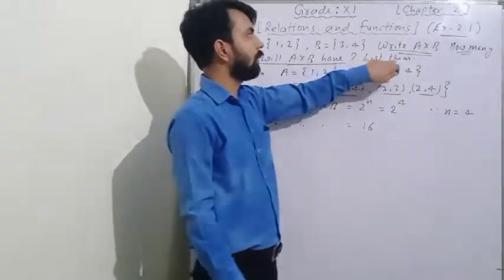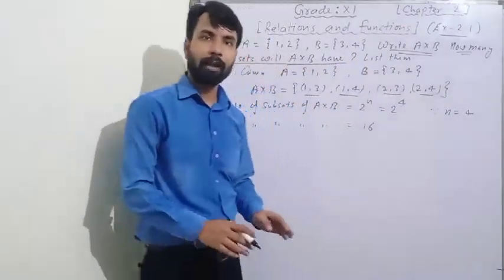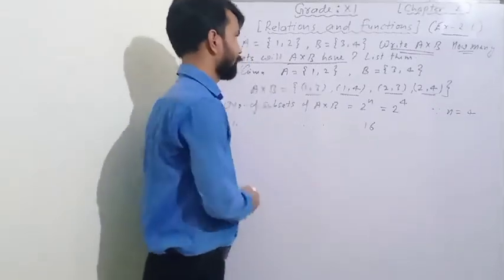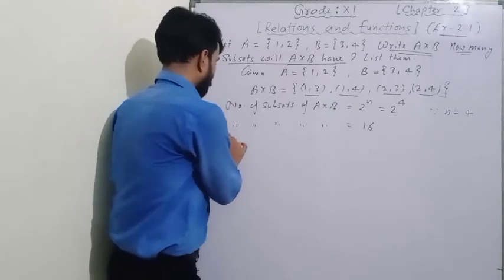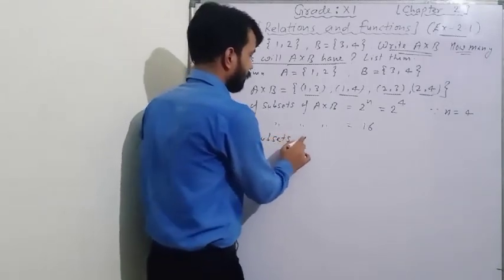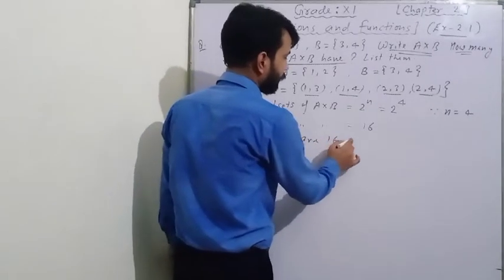The question is saying list them. Now we will have to find all those subsets, all 16 subsets. So how can we find? Total subsets are 16.